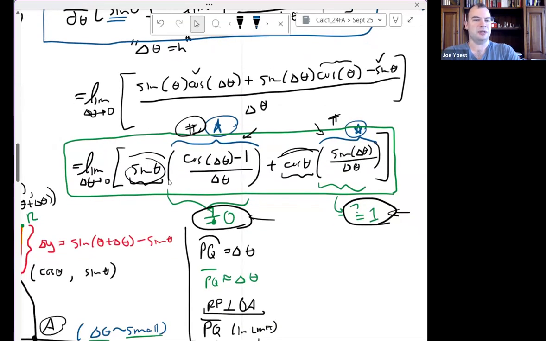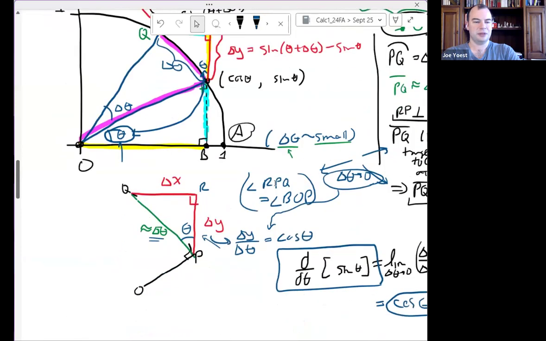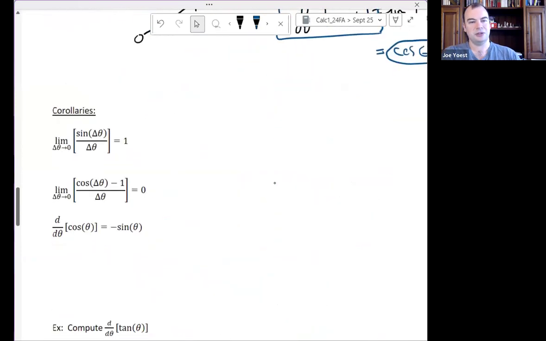And we'll end up with a limit that looks kind of similar to this one, where we'll have these same two limits in delta theta. And then we can use these two limits, and we can algebraically prove that the derivative of cosine theta is negative sine theta. So cosine's derivative is not sine theta, but negative sine theta.